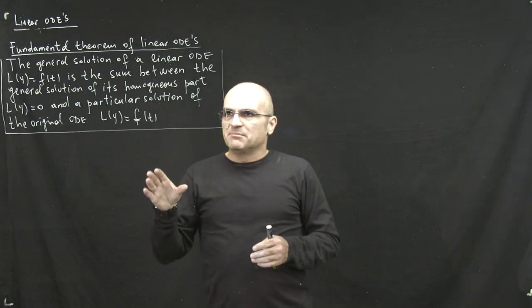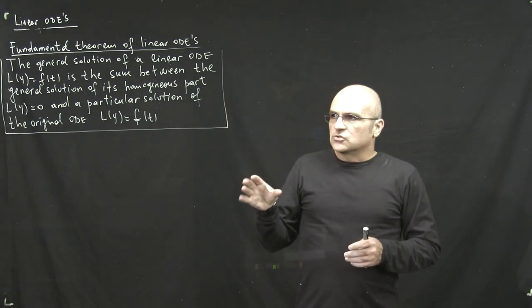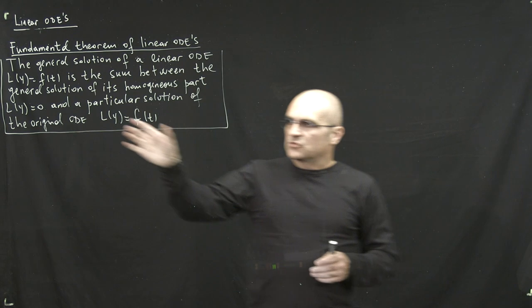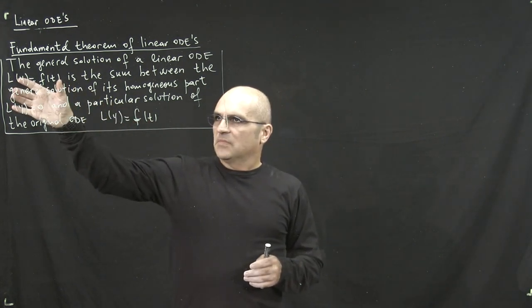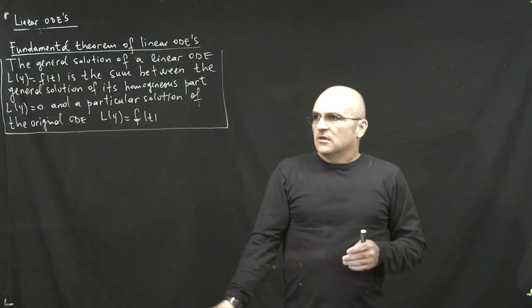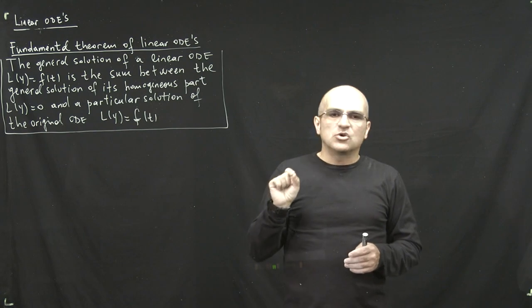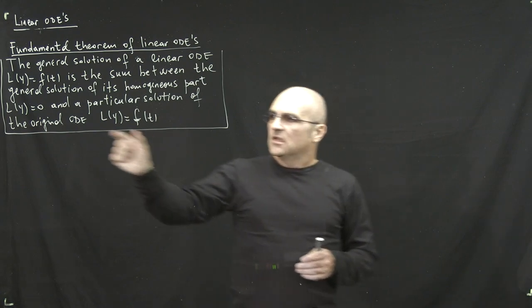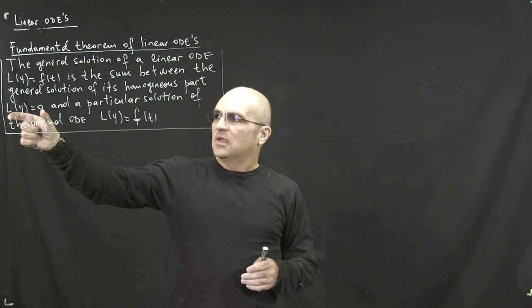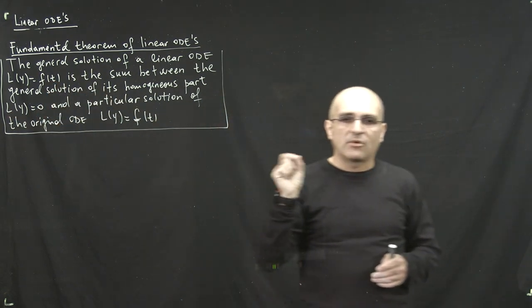So this theorem simply states that to solve the original problem, to solve the linear ODE, you need to provide the general solution of its homogeneous part. By that I mean you take the associated problem by dropping f of t temporarily.